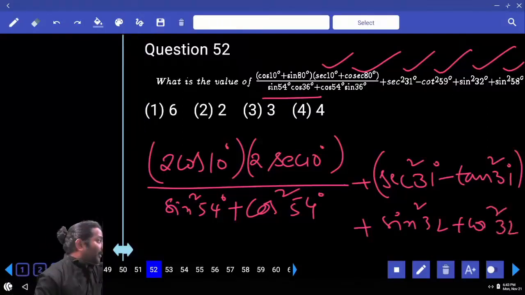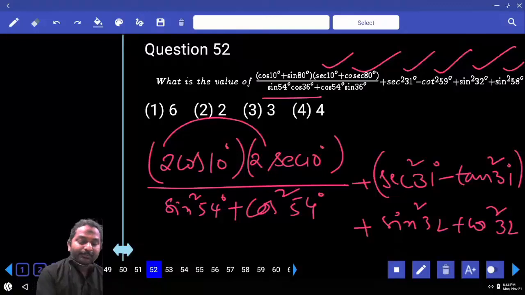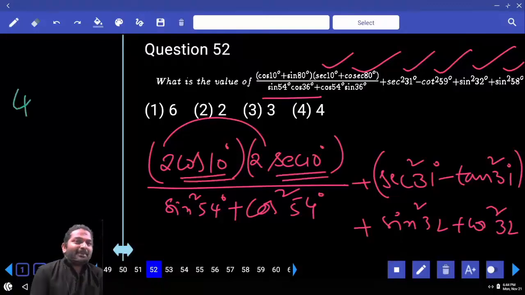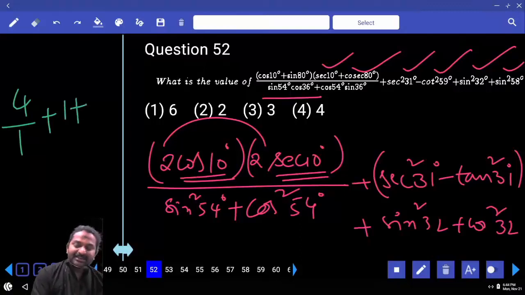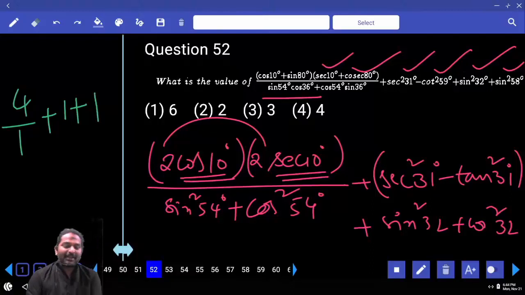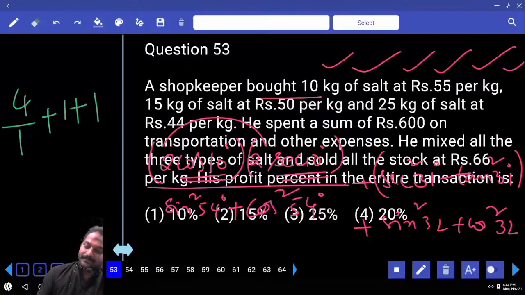Now look at the numerator. 2 into 2, 4, cos 10 into secant 10. What do you mean by secant? 1 by cos only. Cos into 1 by cos gets cancelled. Divided by sin square theta plus cos square theta, 1, plus secant square 31 minus tan square 31, 1, plus sin square theta cos square theta. What is the total value? 6. Next.